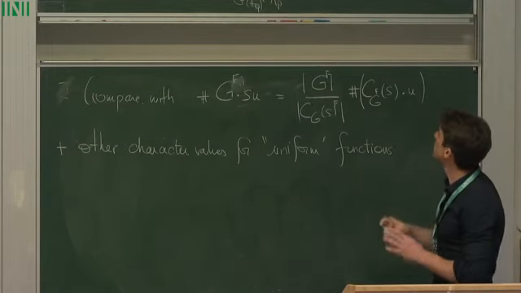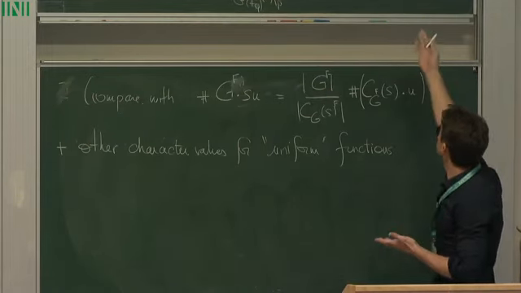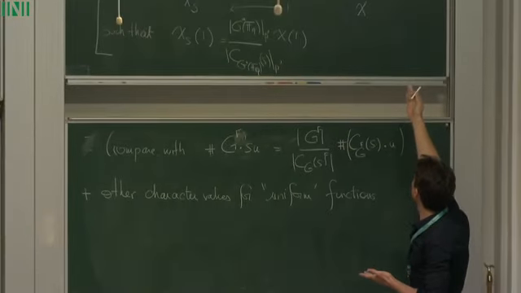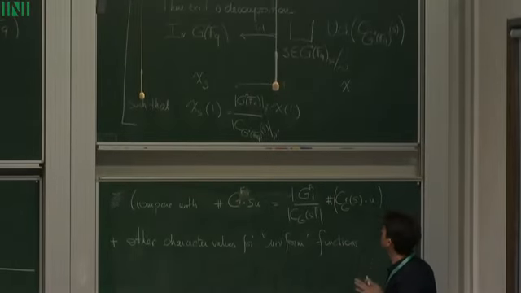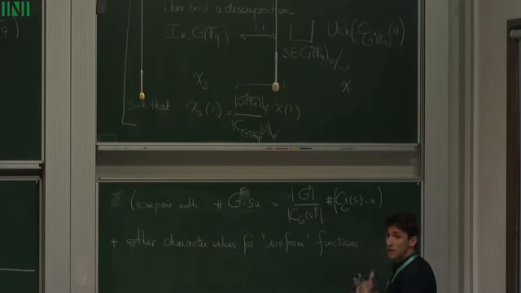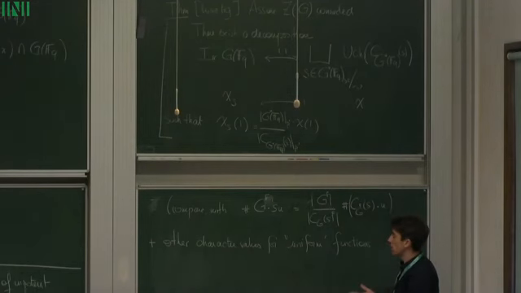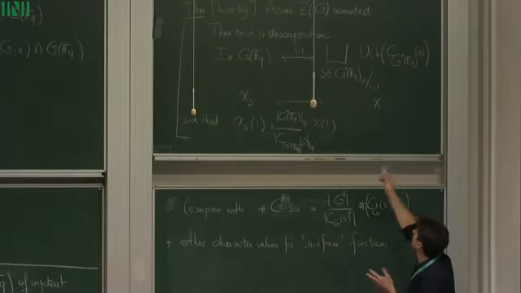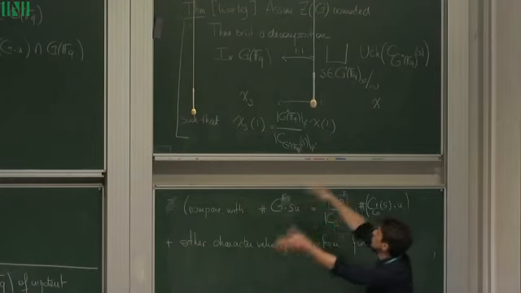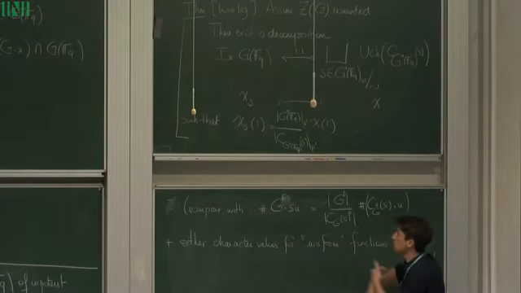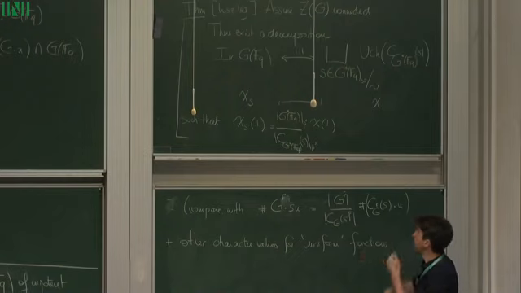There is more to it. If I was working with GL_n, centralizers of semi-simple elements are Levi subgroups. And in a case where the Levi is really defined over F_q, so you start with a semi-simple element which has all the eigenvalues in F_q, then you can have actually a functor that goes from the unipotent representation to the representation of G, which is just by some induction process from the Levi.